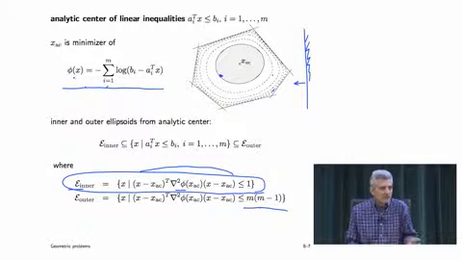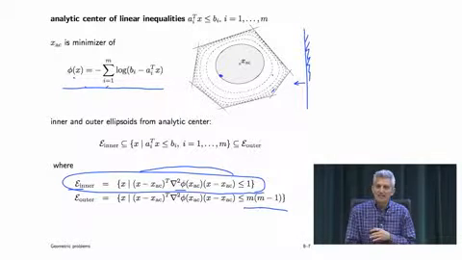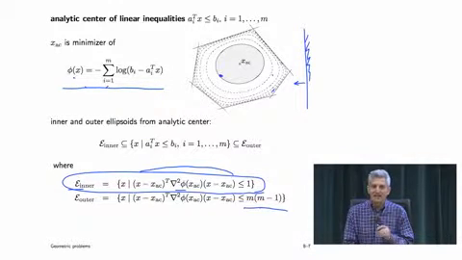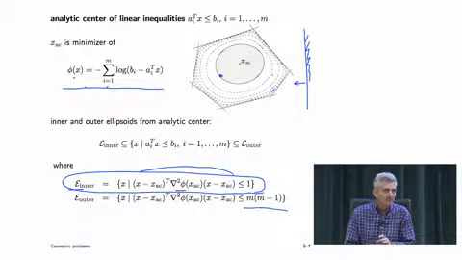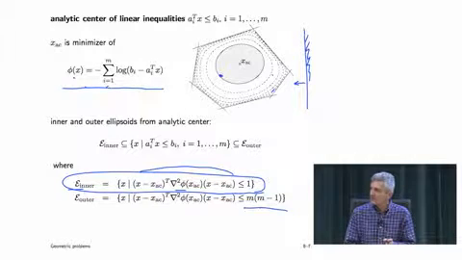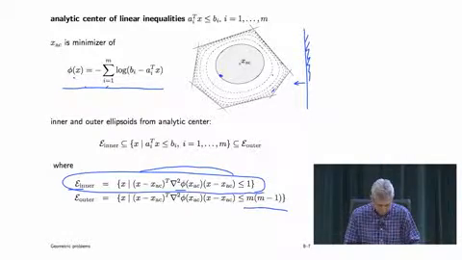It doesn't change the set. So I can pile up redundant inequalities and get any point in the interior to be the analytic center. All that says is the analytic center is an attribute of the description of the set, not the set itself. So technically it's not a question of geometry, it has to do with the description. Okay.